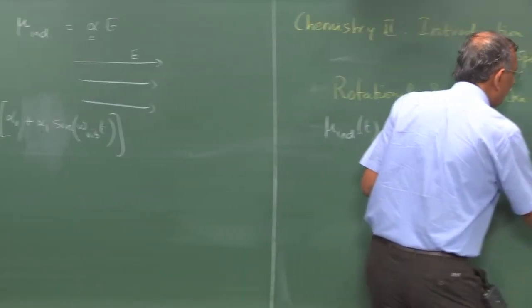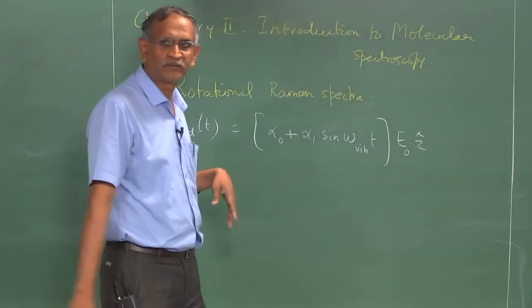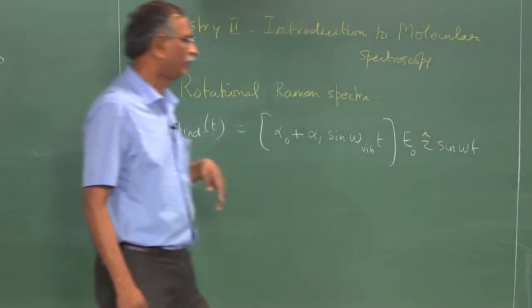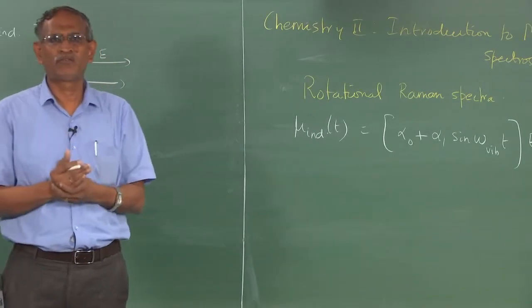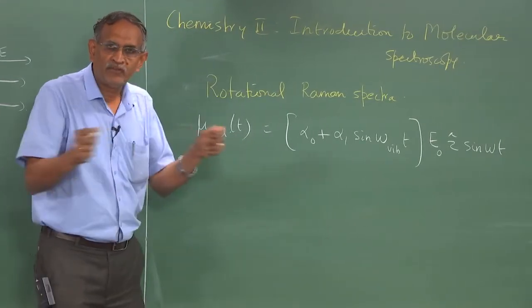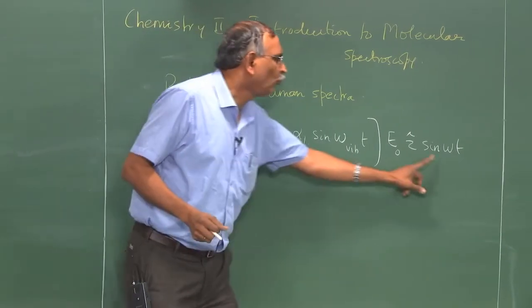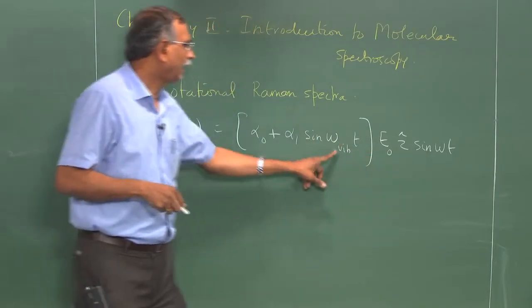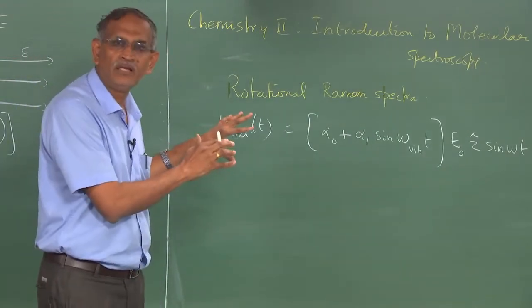Therefore, the electric field will be E naught in some direction, say the z direction, times sine omega t, plus phi if you want to put in a phase factor, but we will consider a very simple thing, namely that the induced dipole moment changes as a function of time due to two things. There are two oscillating components, one due to the vibration and one due to rotation. Now this is the physical picture.